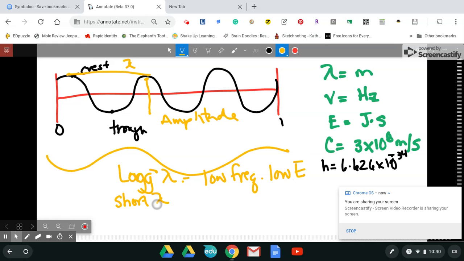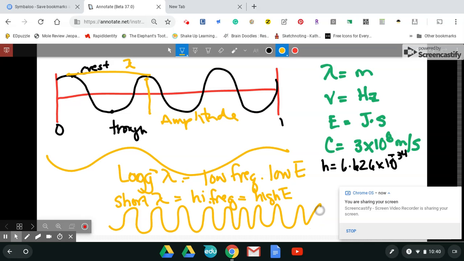Short wavelength: the shorter the wavelength means that it's going to have a high frequency and a high energy. So that's why I said yesterday how gamma rays are most penetrating, because if you look at gamma rays, it's very high frequency.